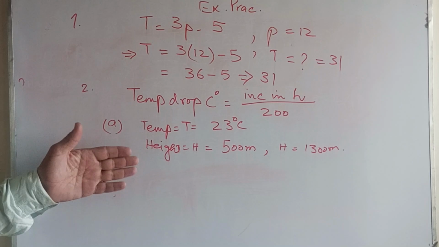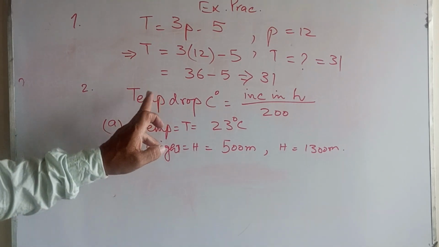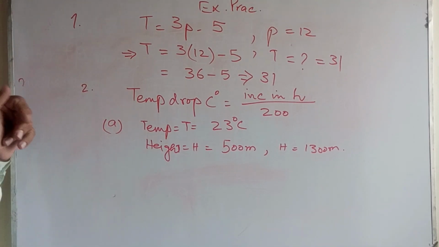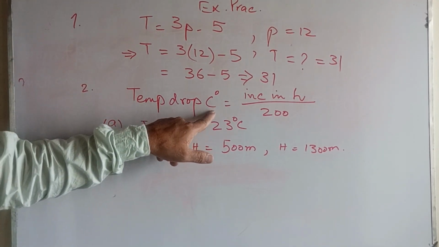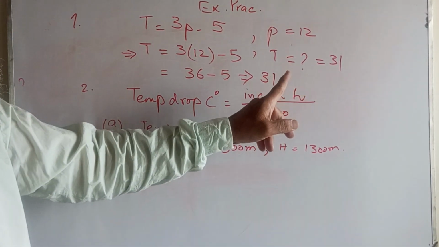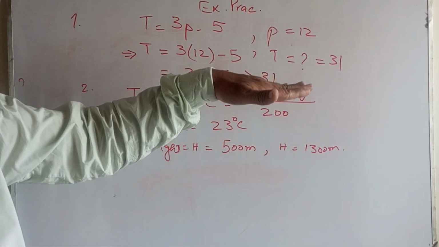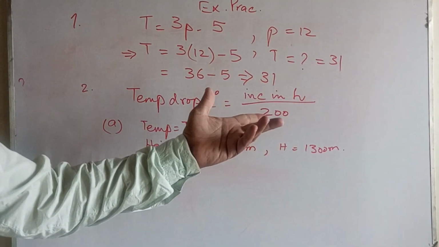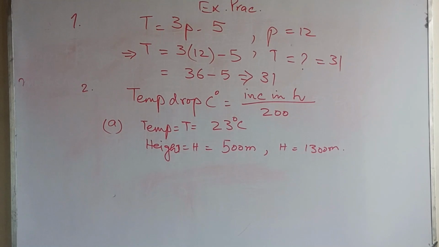Now dear students, notice what this formula is saying to you. It is the temperature drop in centigrade when there is an increase in height. When there is an increase in height, the temperature will drop, divided by a constant, and that is 200.